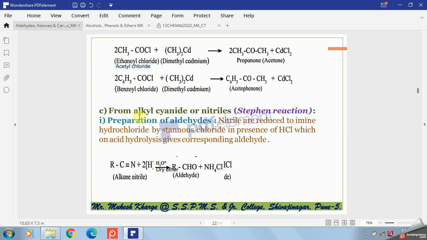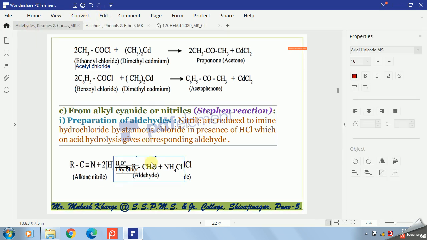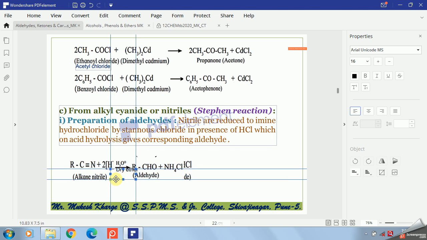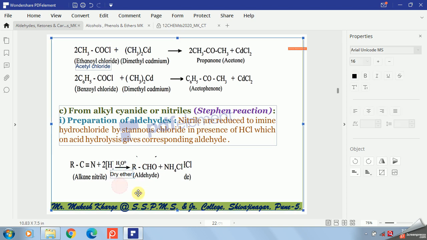So when alkyl cyanide reacts with dry ether in presence of alkyl cyanide or alkane nitrile.